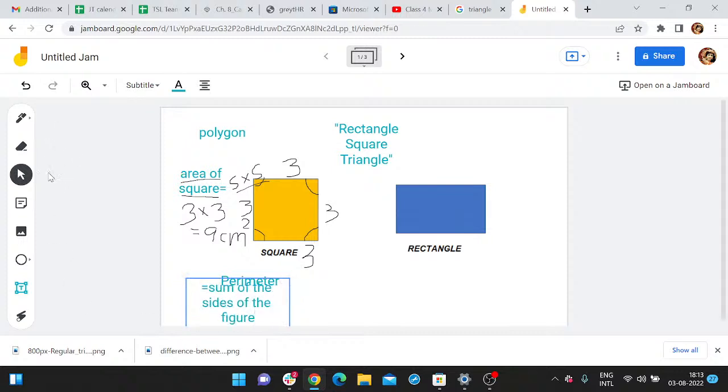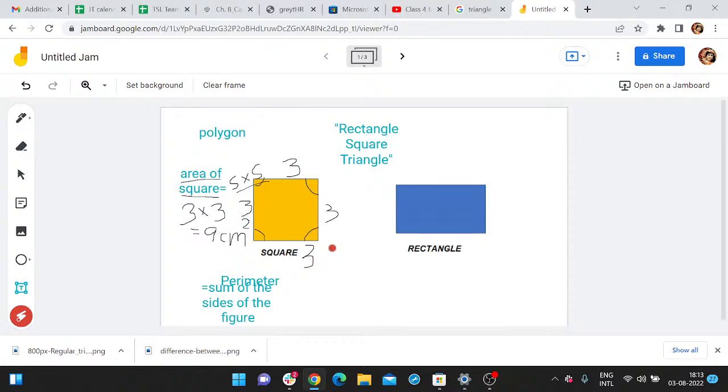So over here, since the figure is the square, and if we need to find the perimeter of the square, which has 3 centimeter as the side length, the sum of the lengths of every side of the square would be 3 added to 3. So we're going to add all the lengths. So this 3 added to this 3 added to this 3 added to this 3.